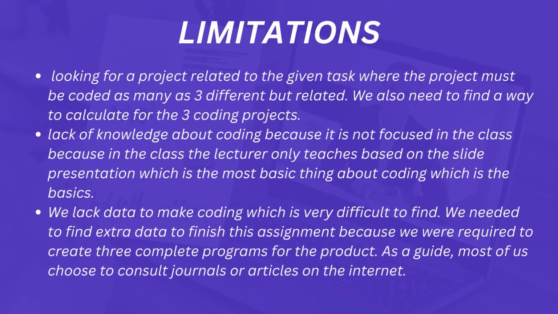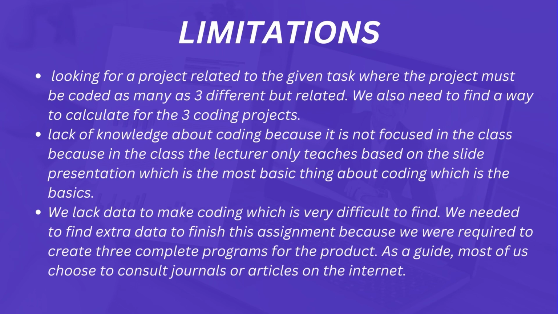So for limitations, our limitation is looking for a project related to the given task, where the project must be coded as many as 3 different but related. We also need to find a way to calculate for the 3 coding projects. Lack of knowledge about coding, because it is not focused on in the class; the lecturer only teaches based on the slide presentation, which is the most basic thing about coding.